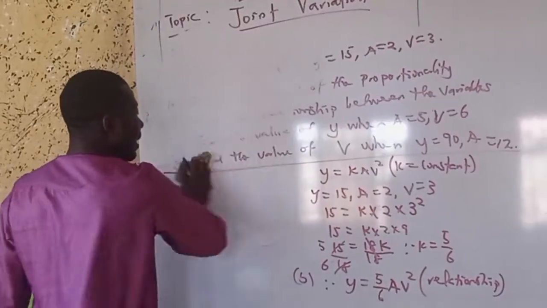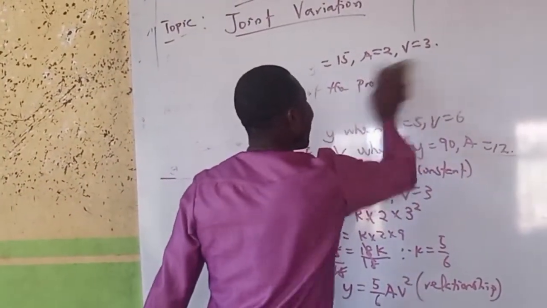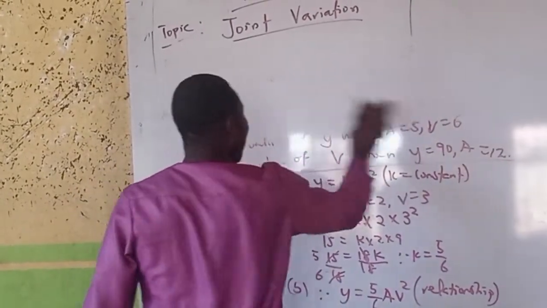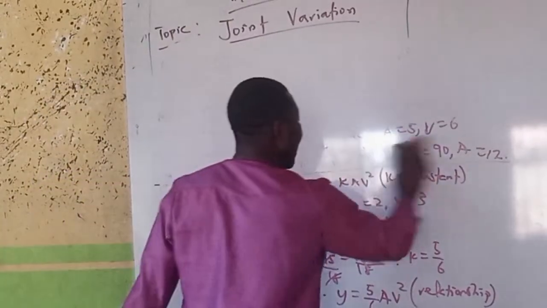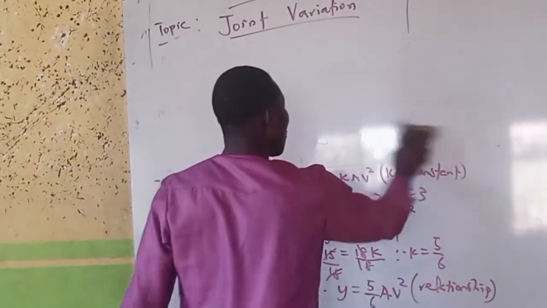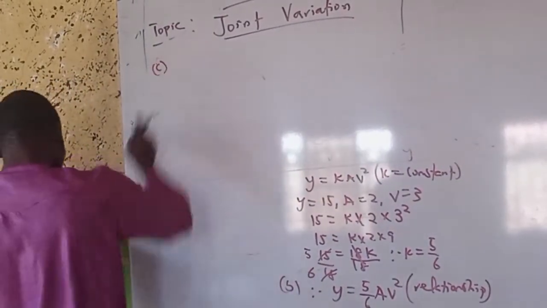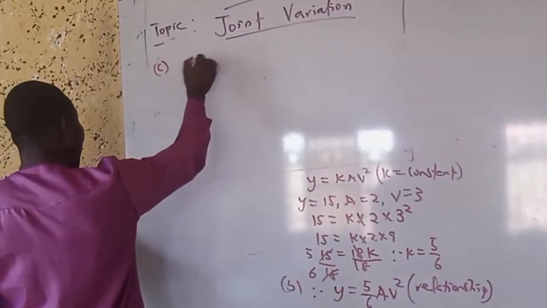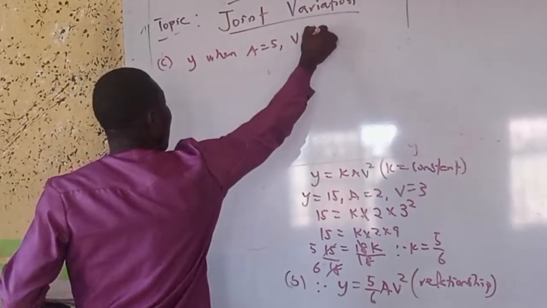For question C, we are asked to find the value of y when a equals 5 and v equals 6.